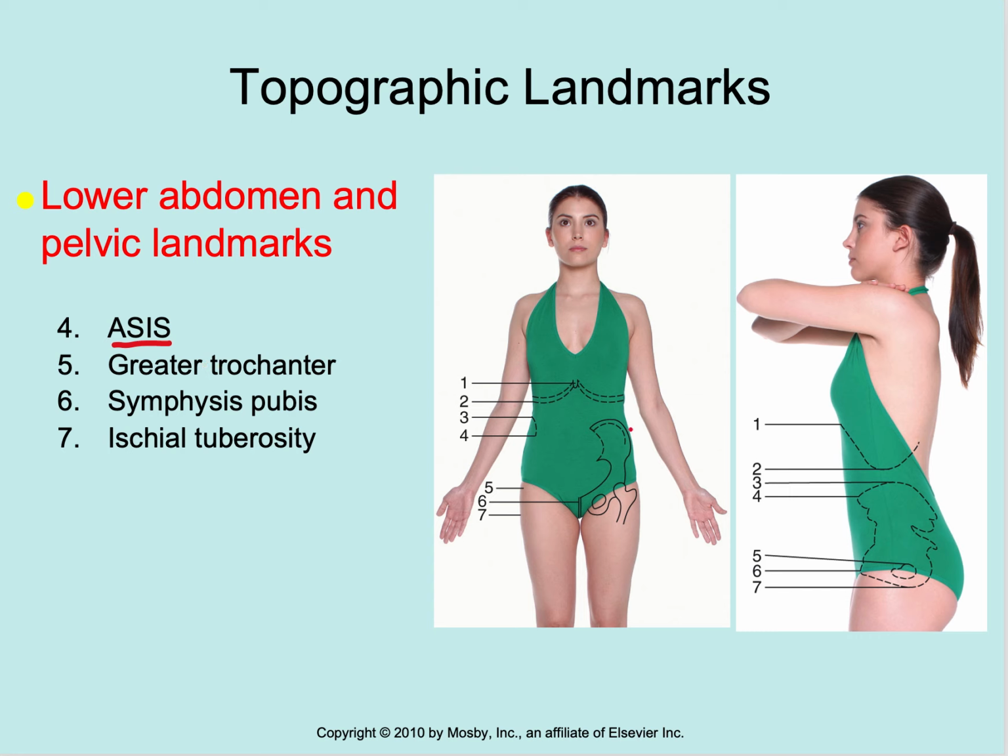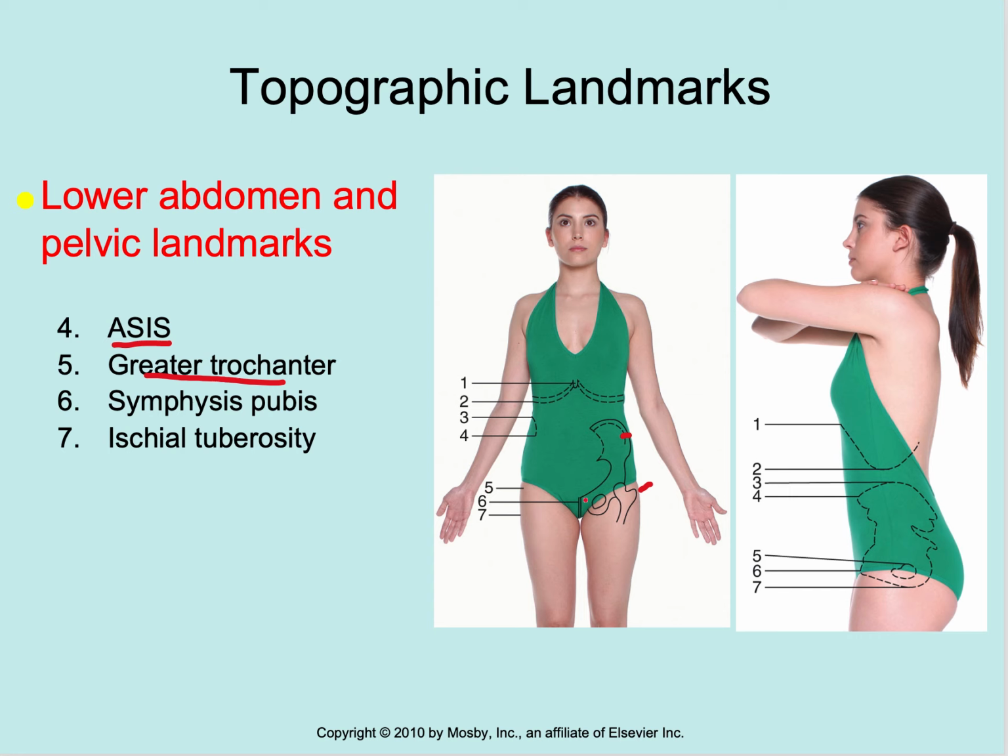So that's number 4, usually around right here. Your greater trochanter. This is your greater trochanter right here, and it usually corresponds to the level of your symphysis pubis, okay? So number 5 is your greater trochanter right here.